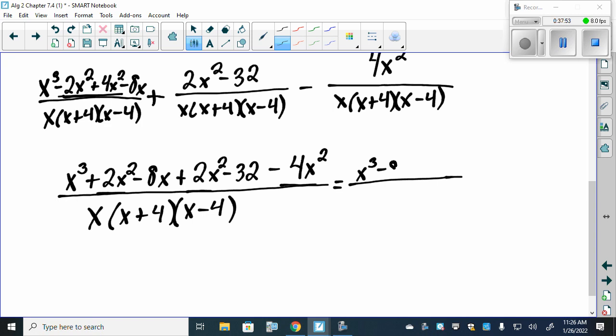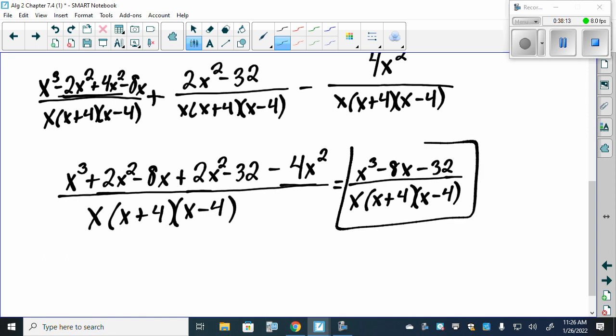Then we have negative 8x minus 32 over x times x plus 4 times x minus 4. And that there is going to be as simplified as it gets, because there is no greatest common factor between the top three terms.